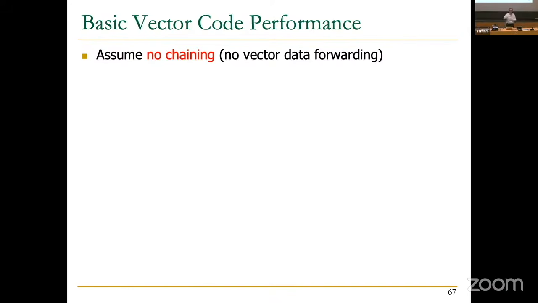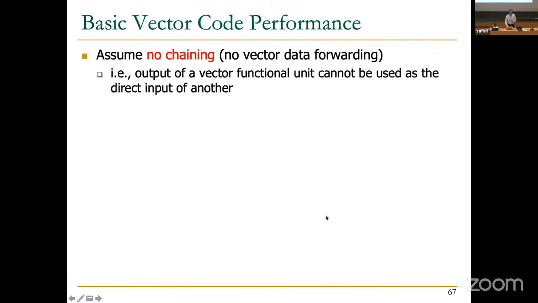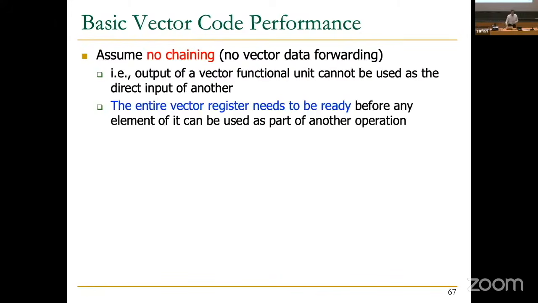You cannot forward individual elements from one functional unit to another. Basically, the output of a vector functional unit cannot be used as the direct input of another. The granularity of waiting is really the entire vector register, if you will. Basically, the entire vector register needs to be ready before any element of it can be used as part of another operation.